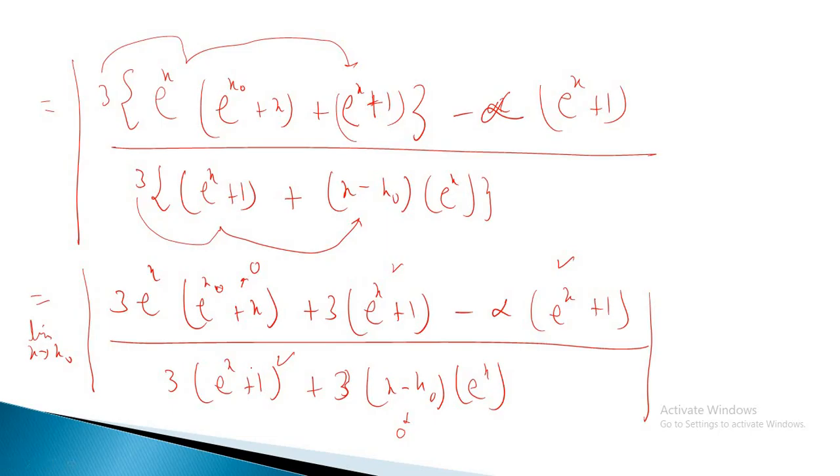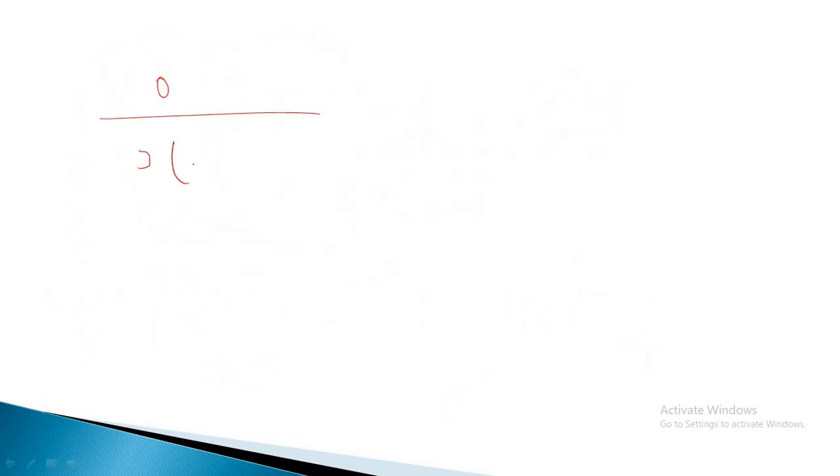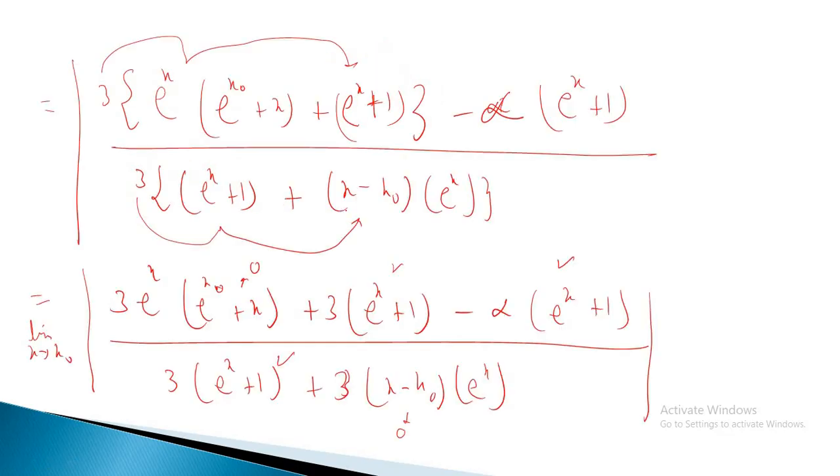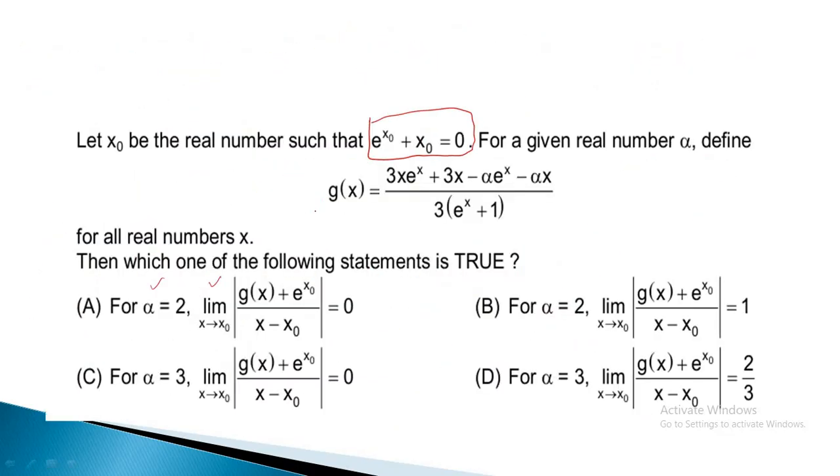So it becomes 3 times e raised to power x naught plus 1, where we use alpha equal to 3. So 0 divided by anything is 0, so we'll get 0. Let us see for alpha equal to 3 whether there is a 0 or not. We see for alpha equal to 3 and limit x tends to x naught, this whole expression tends to 0. So this is correct.